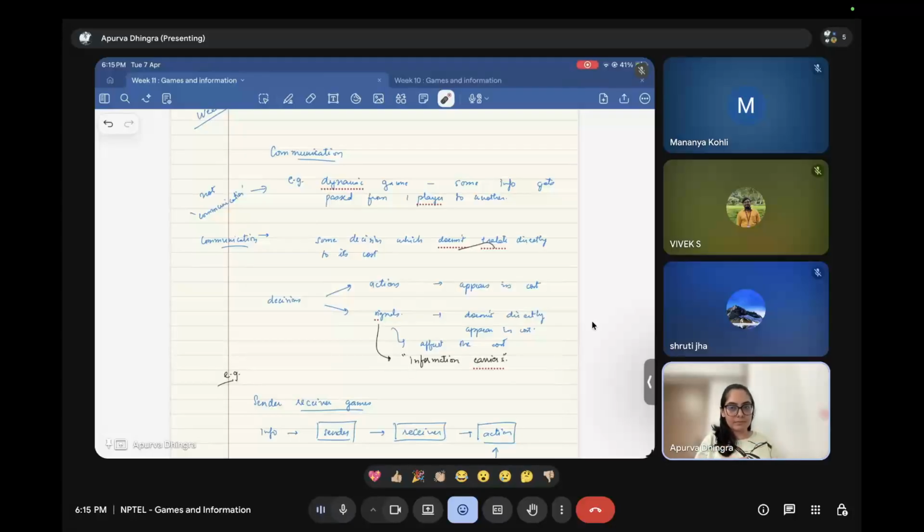So something is being passed on, but that is not what is being referred to as communication in the framework that we are talking about. Communication has to be some sort of decision that is not directly going to affect the cost. There may be an indirect effect on cost, but there won't be a direct appearance in the cost.